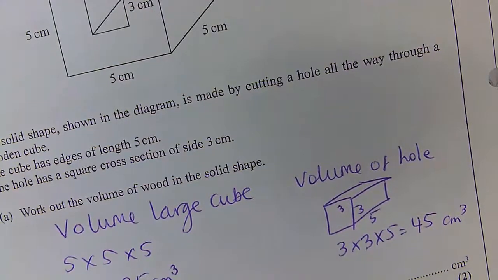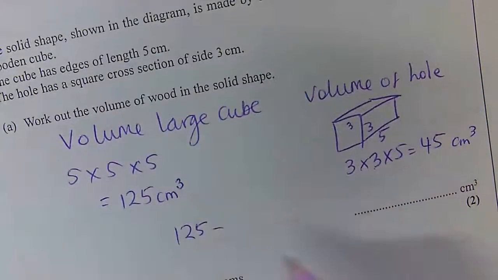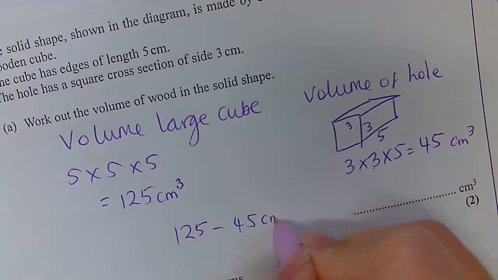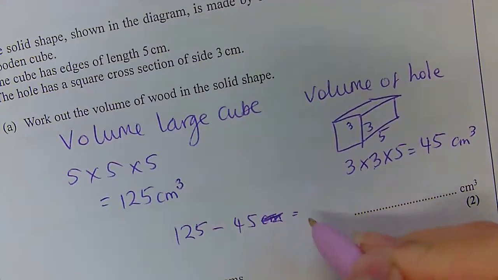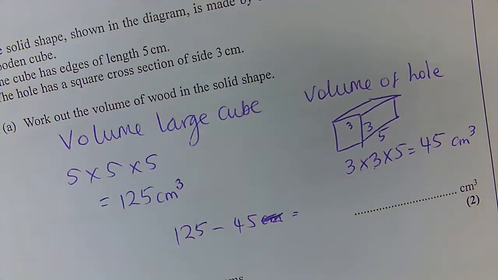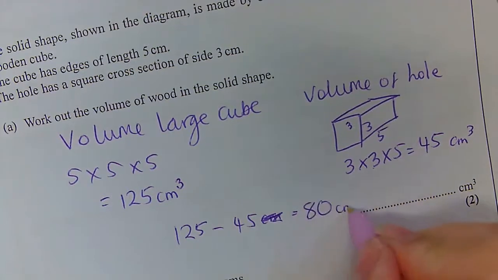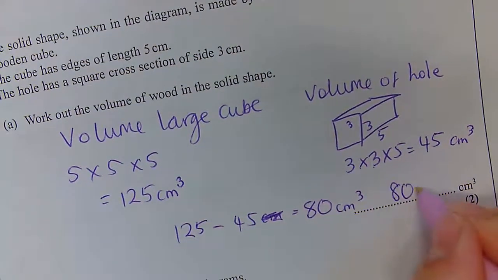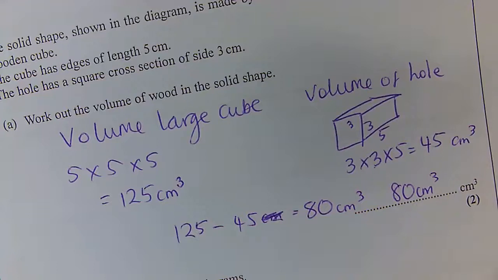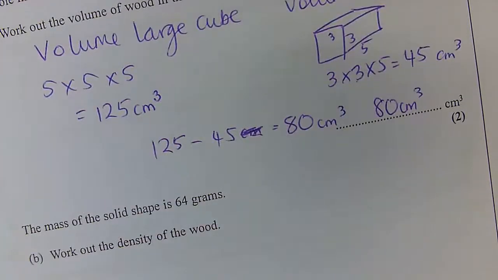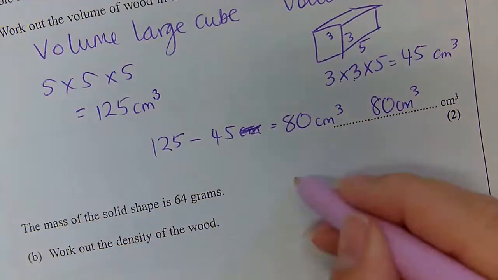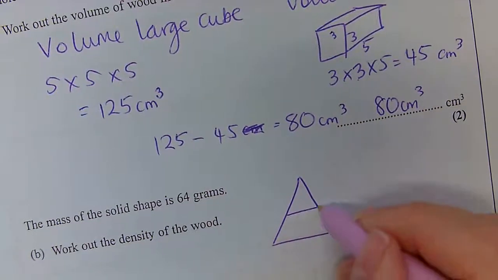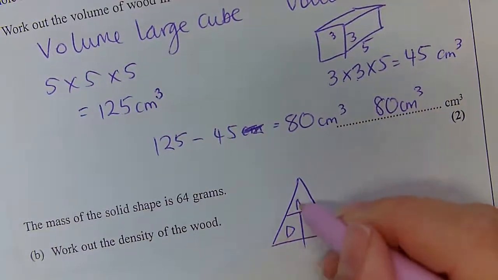So I now want 125 take away 45, which gives me 80 centimeters cubed, okay? Oh, we've already got the units, fine. The mass of the solid shape is 64 grams, work out the density. Please remember this triangle: density, mass, volume.